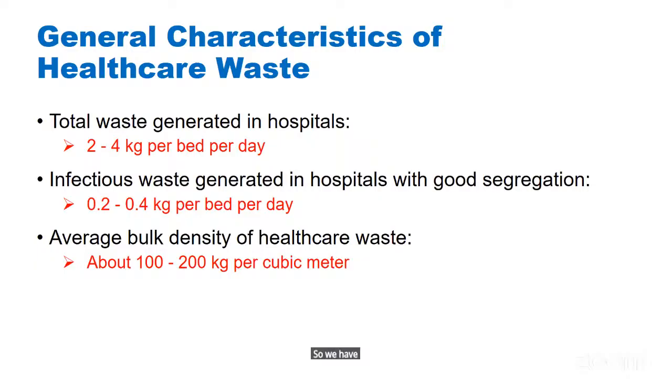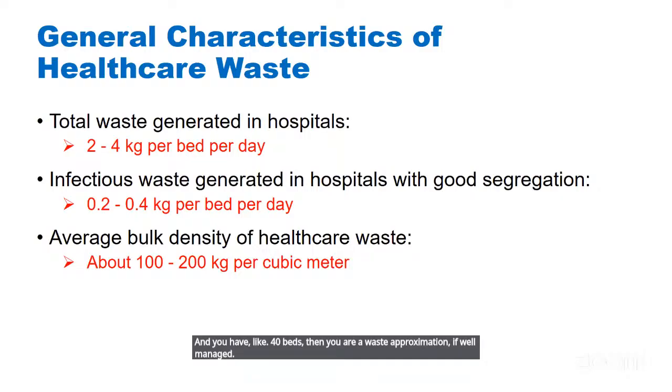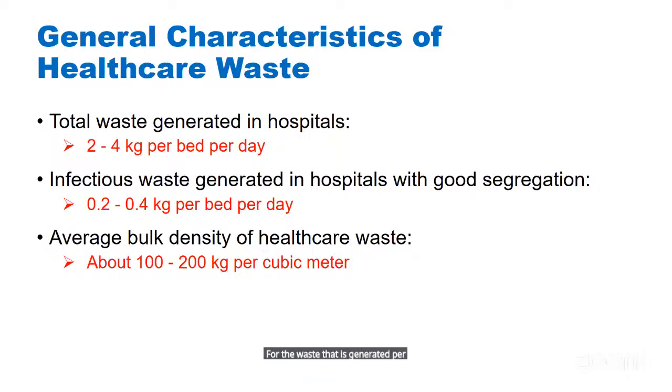So we have the general characteristics of healthcare waste. In an ideal situation, the total waste generated in a hospital is 2 to 4 kg per bed per day. So if we have a general ward with 40 beds, then your waste approximation, if well managed, is 2 to 4 kg per bed.